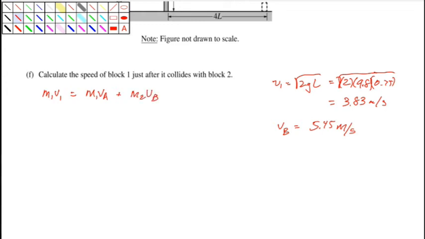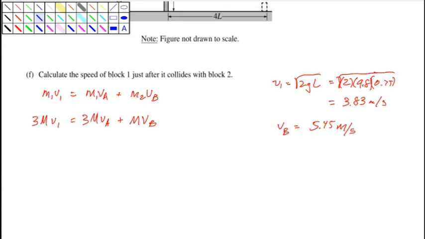And we can do some substitutions here because we know that M1 is equal to 3M, and that's V1. And we also know that M1 over here is 3M, and that's VA. And we know that M2 is M, VB, and we have a value for that also.